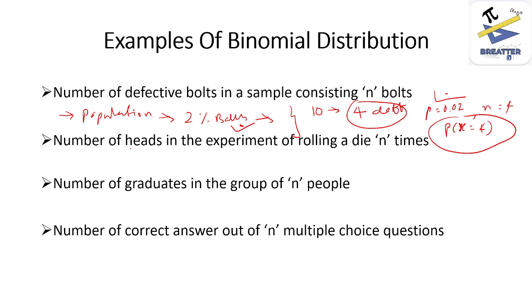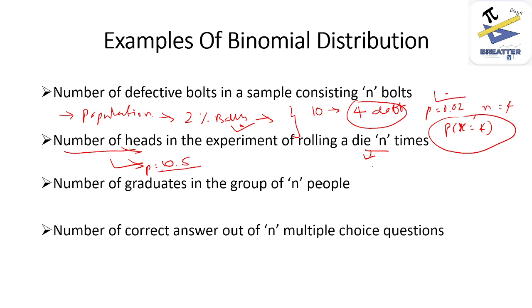This distribution is a binomial distribution. Another example: while we are tossing a coin, we need to find the number of heads in the experiment. That means the number of heads has a binomial distribution with parameter P equal to 0.5. That means we have assumed a fair coin, with similar chance of getting head or tail, and N is the total number of trials.